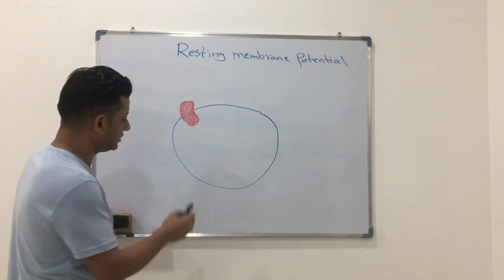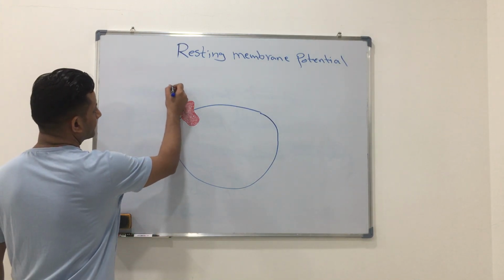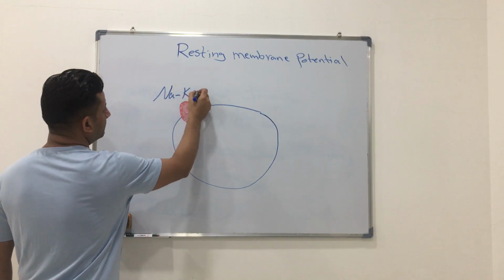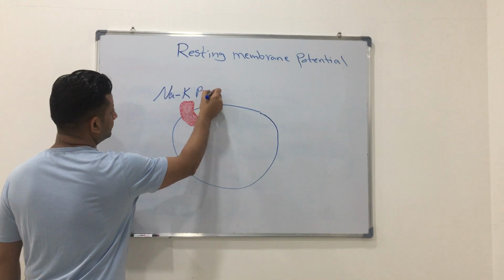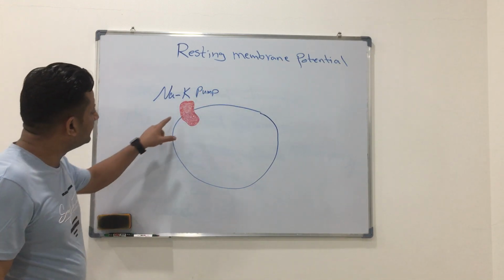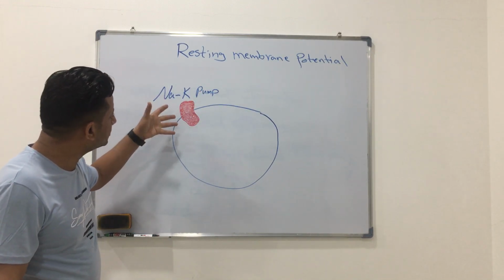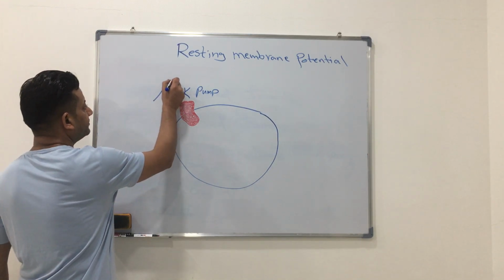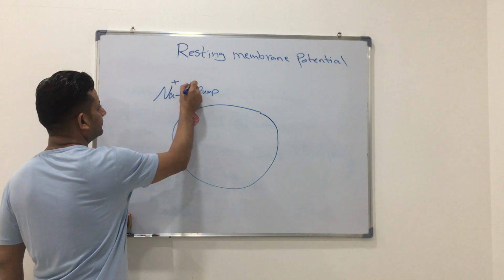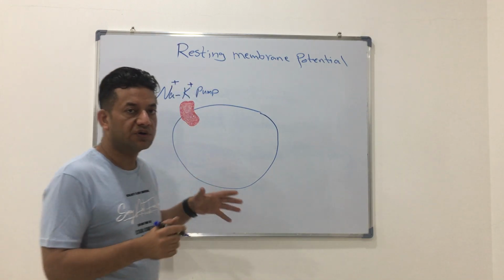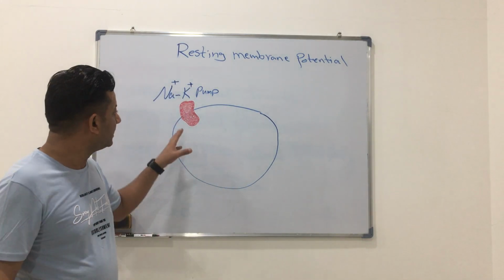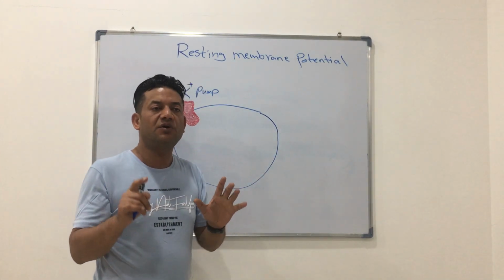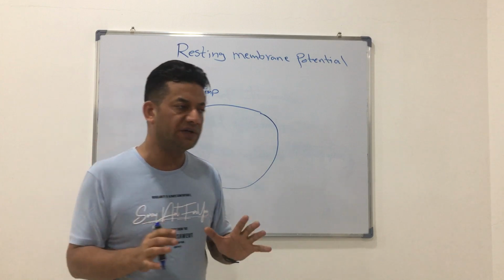It is called the sodium potassium pump. This channel, this specific channel, is called the sodium potassium pump. This pump or channel is found in the cell membranes of all the cells within the body.